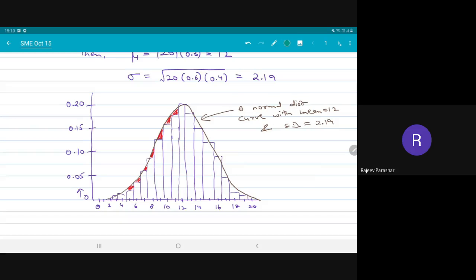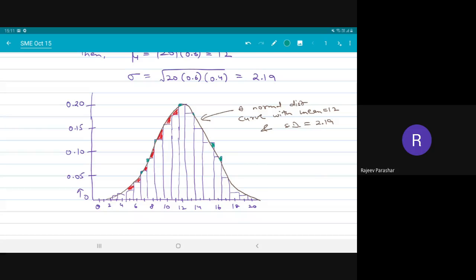The green ones are not under the normal curve, but they are part of the histogram for the binomial distribution. On the net, to the extent that the red areas and the green areas cancel out each other, we have a good approximation.